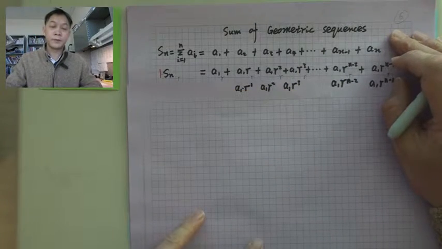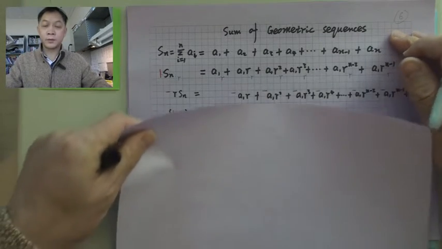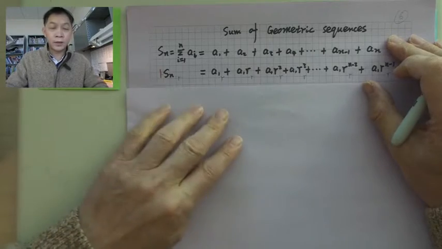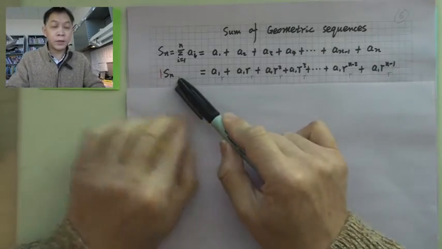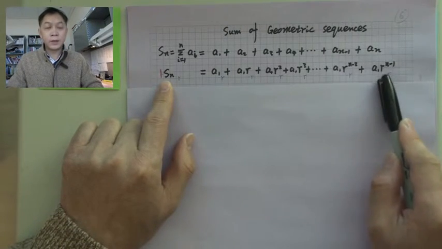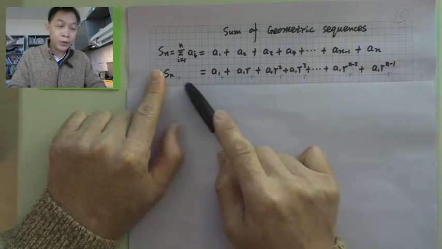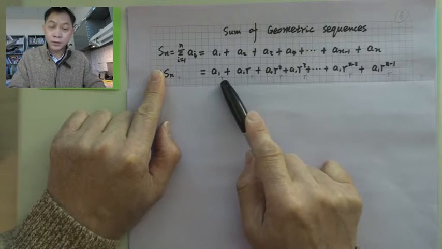Now, doing it this way. All right, so down here, S sub n is this one. Now what I like to do is use r times every term right here.